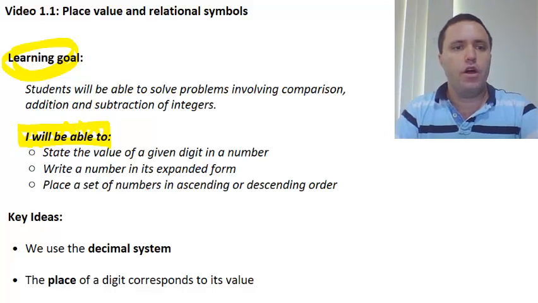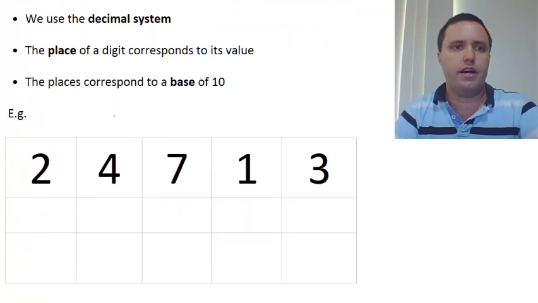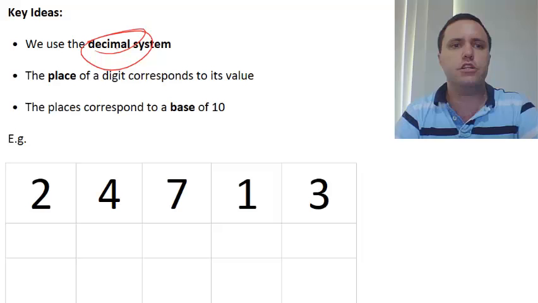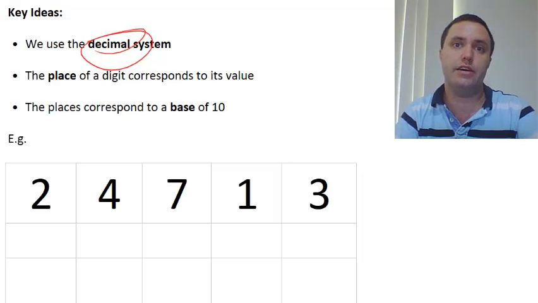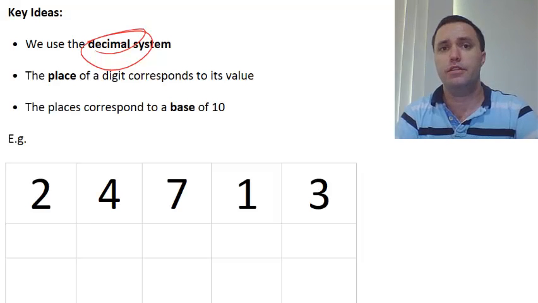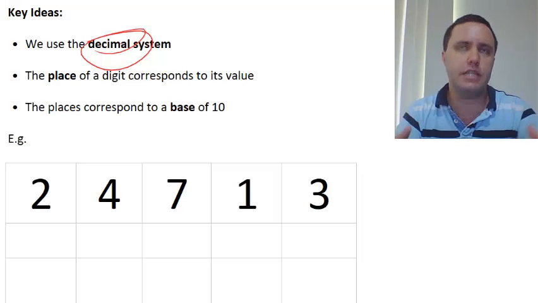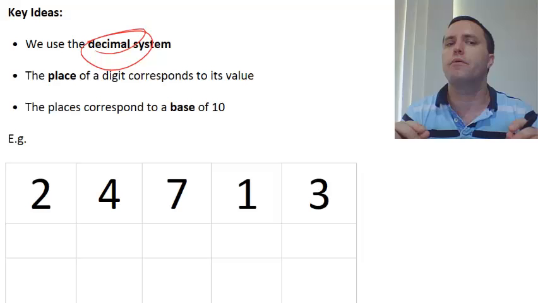Right, we'll have a look at a couple of our key ideas. Firstly, we use something called the decimal system, and you might have heard this before. I'm going to try and bold words in our key ideas if it's a special term or you haven't heard it before, or it's a particular thing you need to remember what it means.